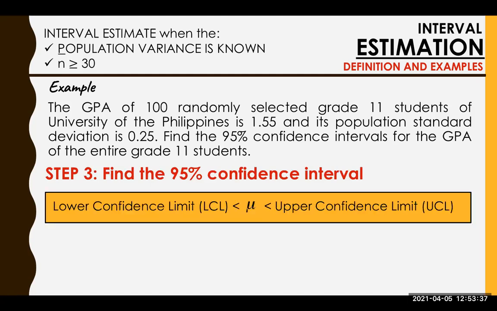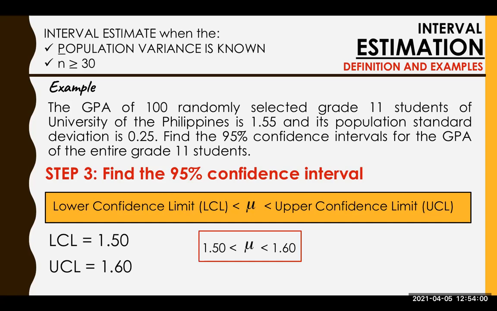After we have computed the UCL and LCL, the final step is to find the 95% confidence interval using the LCL and the UCL. We know that the true population mean, or the true population parameter, is between the lower confidence limit and the upper confidence limit. So the computed lower confidence limit is 1.50 and the computed upper confidence limit is 1.60.